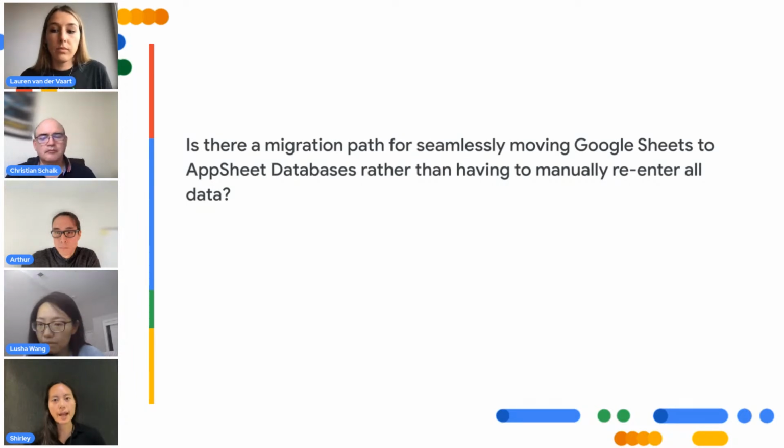Just on the My Apps page for appsheet.com, once you sign in, you can click on Create, and then under Create, you can choose Databases, and you can start with a blank one or import from Google Sheets. There are some limitations to the amount of data you can import from a sheet into an AppSheet database, specifically on the number of tables. So that's important to keep in mind.